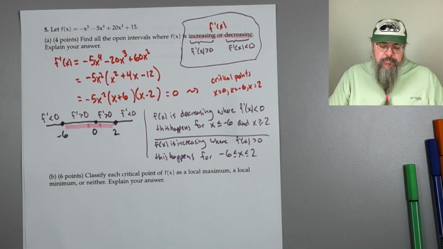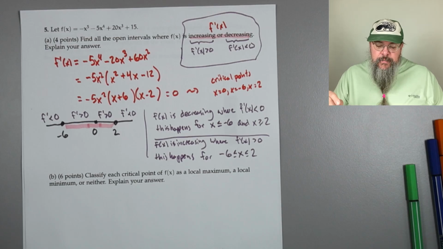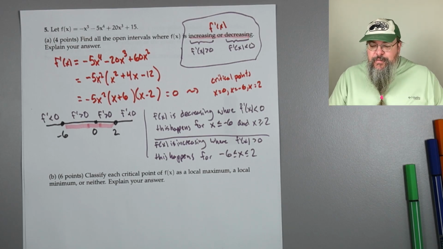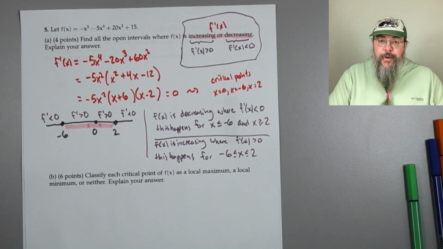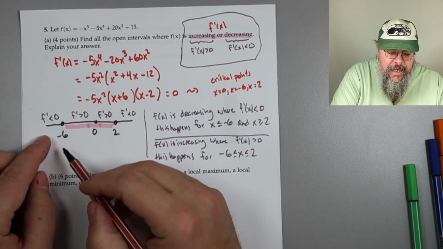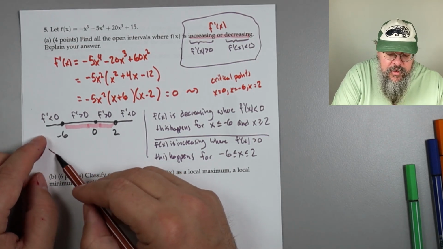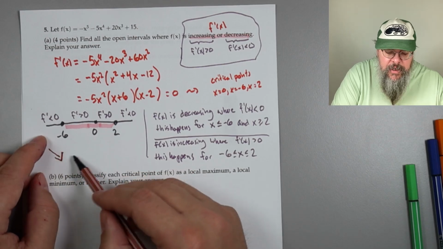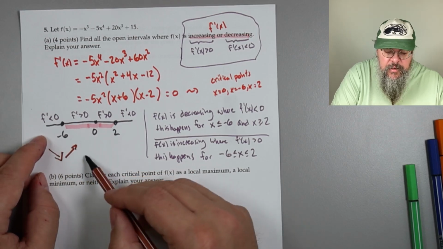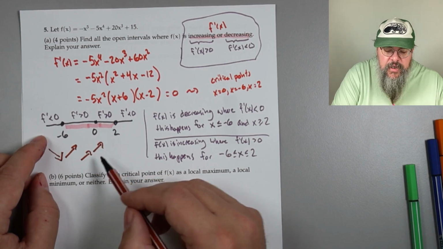We have part B. Classify each critical point of f of x as a local maximum, a local minimum, or neither. Explain your answer. Now, we actually can get this really quick because we have all the work done. F prime negative means you go down. F prime positive means you go up. Positive, positive, you go up and up.